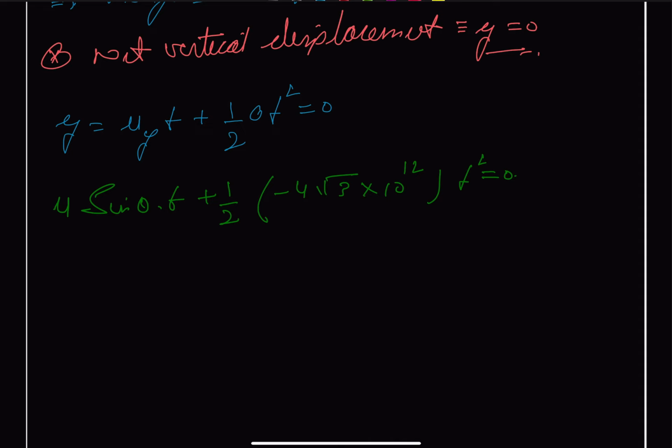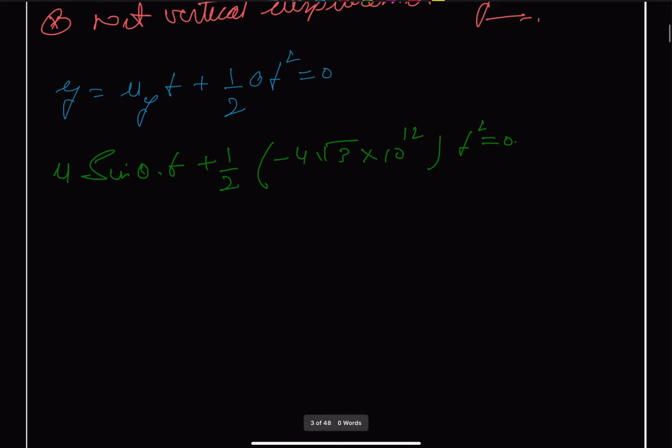And one of the factors will be equal to t, obviously that cannot be equal to 0. Therefore the other factor, we can write this as u sine of theta is equal to, here this 4 goes by 2, this comes as 2 root 3 into 10 raised to power 12 t.